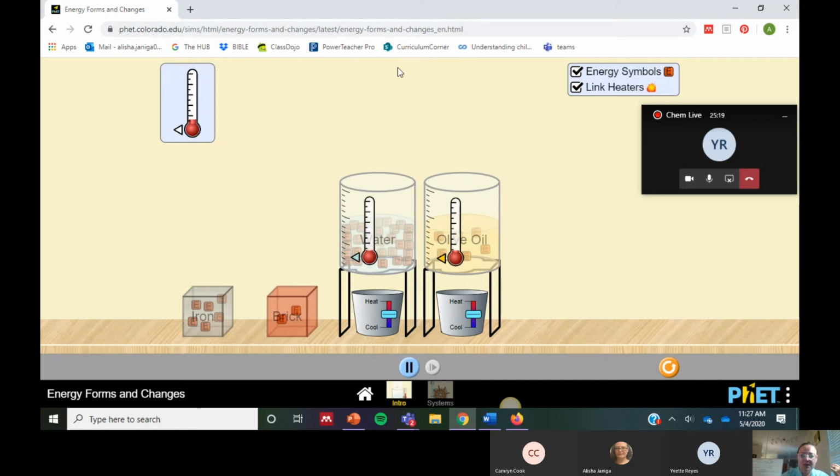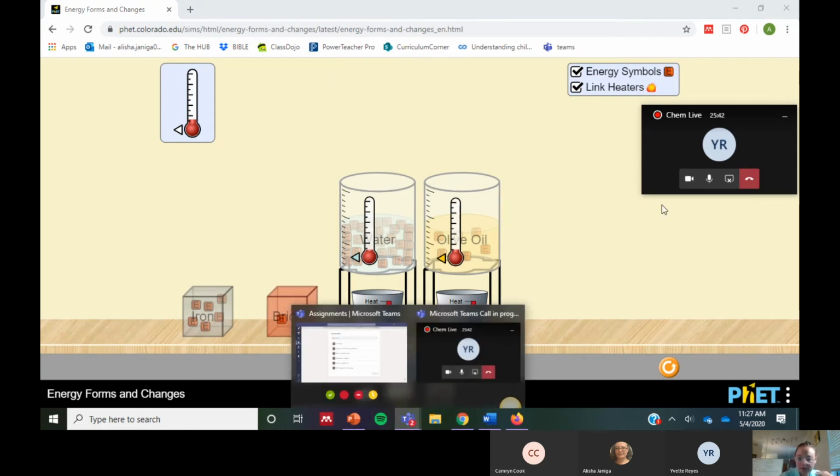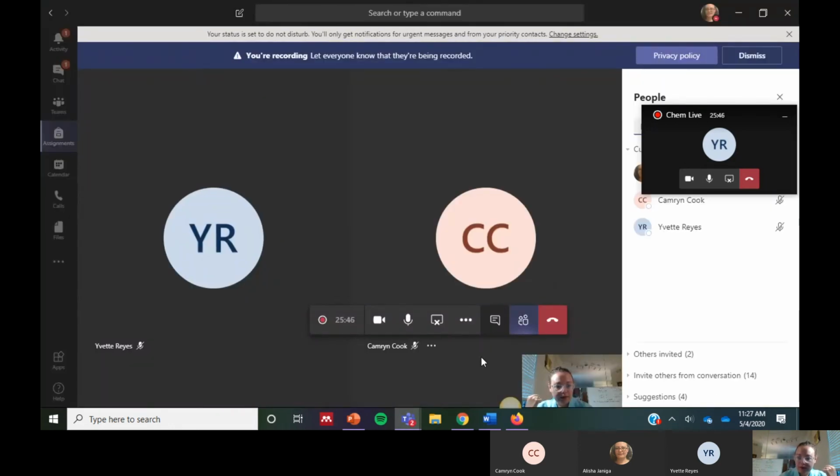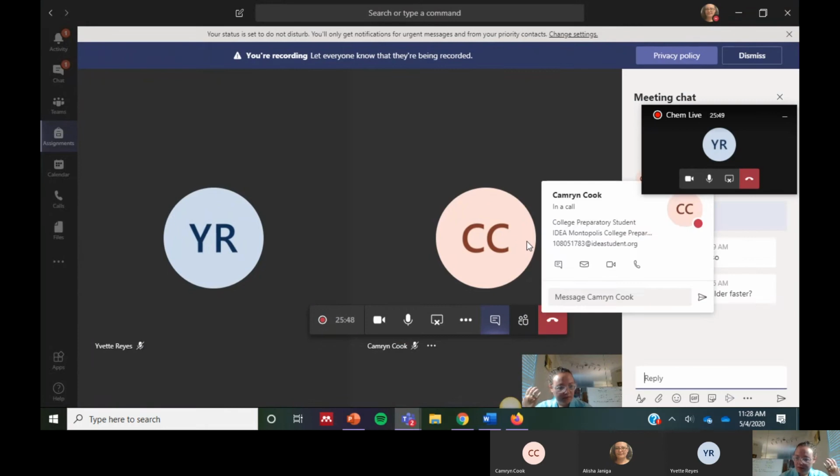And so when energy is absorbed from the atmosphere into the system, it's considered condensation, because the system is so cold that it's pulling all the gas energy out of the atmosphere and making those molecules liquid. It's slowing them down so much that now they're in the liquid phase. Does that part kind of make sense?